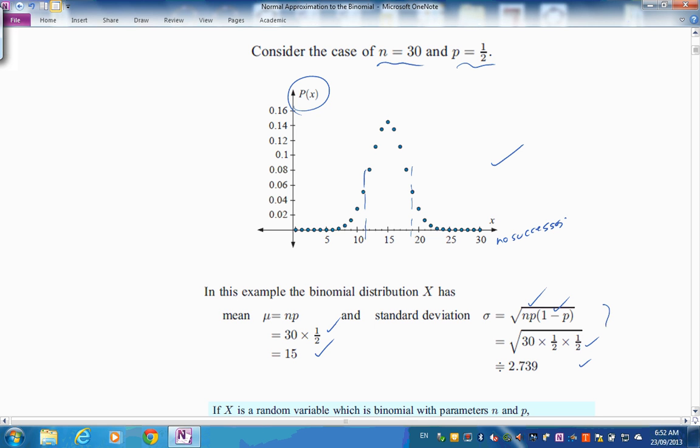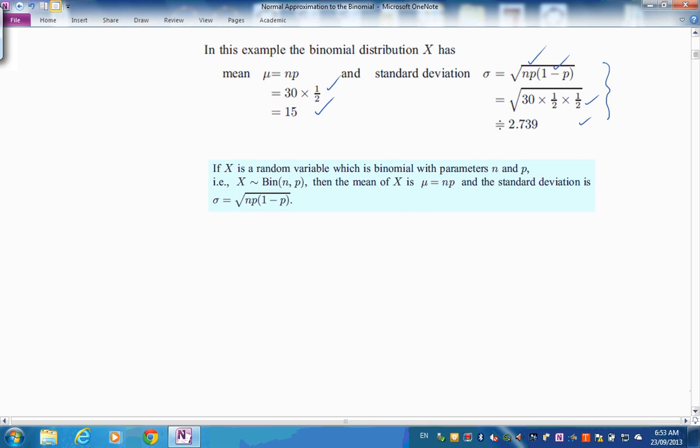So we can establish that formula, the square root of np(1 − p), as the standard deviation of a binomial distribution with n trials and probability p. Let's summarise that result, because we're going to need that.